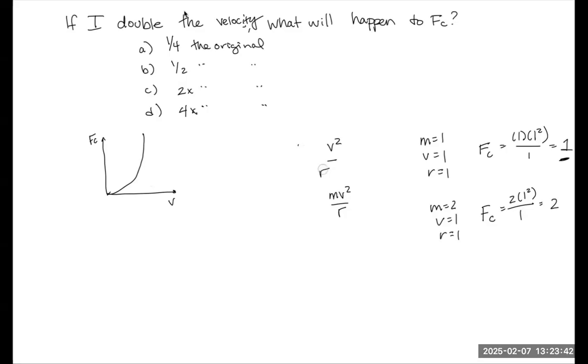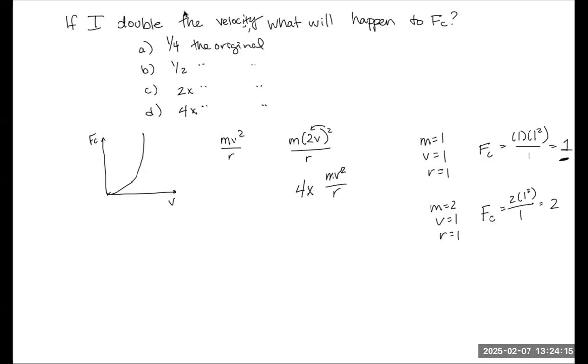Similarly, if I want to use this way, mv squared over r is our original. Well, what happens if I have m 2v squared over r? Well, the 2 gets squared just like the velocity gets squared. And so I end up with 4 times mv squared over r, 4 times the original force.